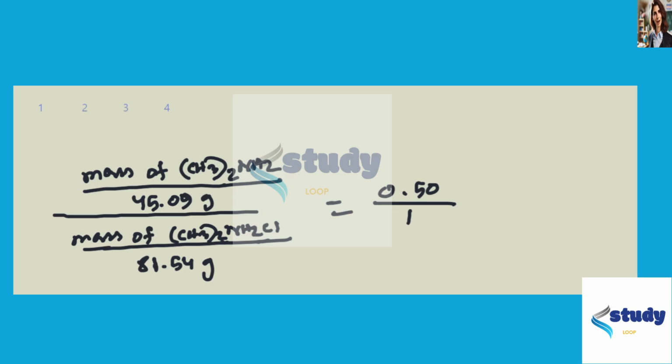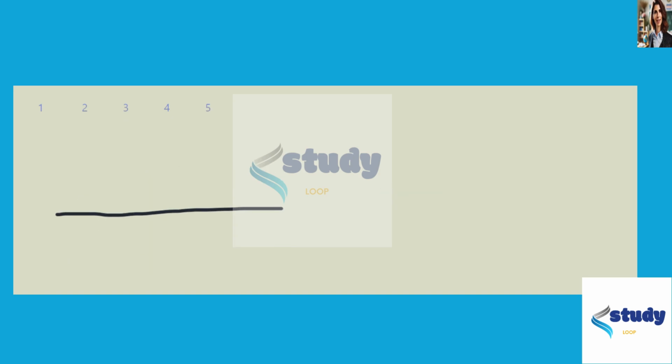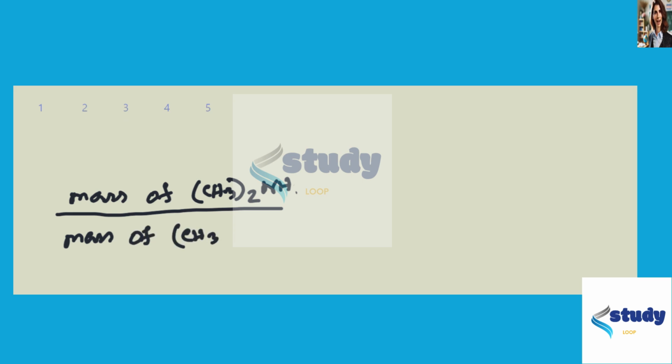And now if we solve this equation, just as the ratio of mass to mass, we will have mass of CH3 twice NH over mass of CH3 twice NH2Cl.